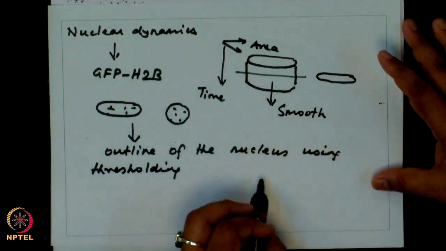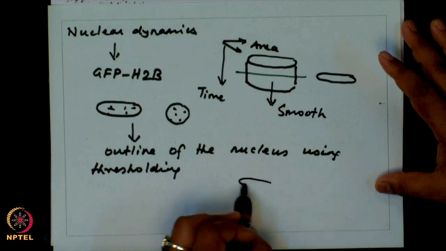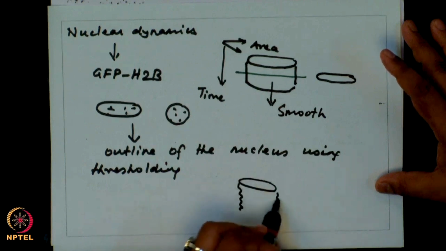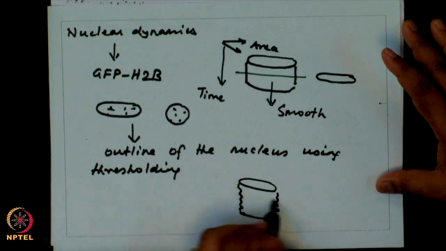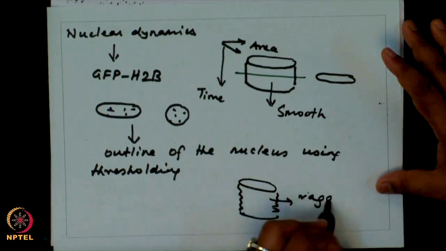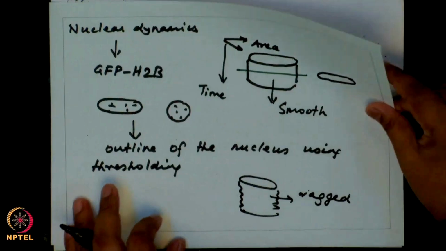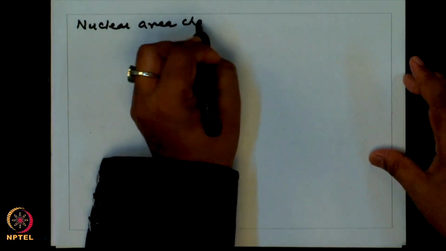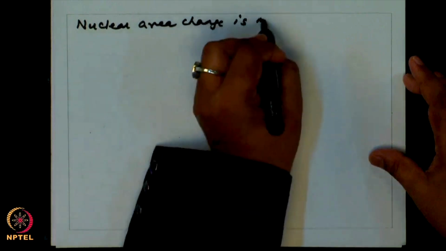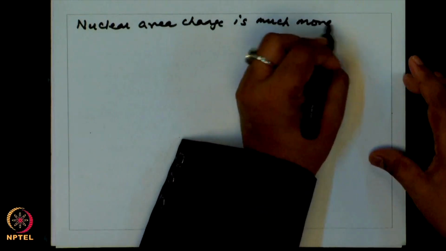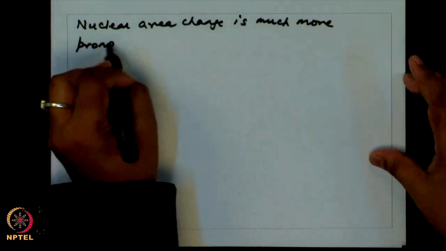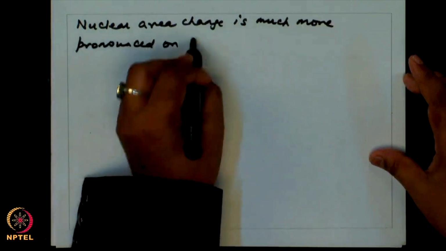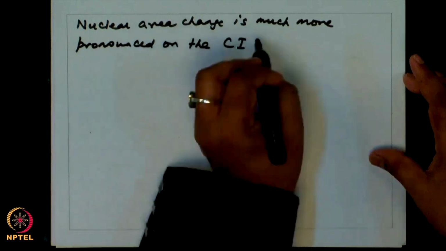In contrast, on the circular islands, if I were to draw the surface, if you do the kymograph, you get a surface which is much more ragged, suggesting that nuclear area change is much more pronounced on the constrained isotropic islands.